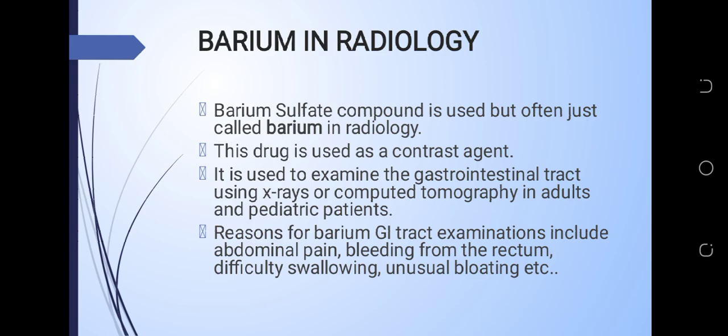Barium sulfate is used to examine the gastrointestinal tract using X-rays or computed tomography in adults and pediatric patients. Reasons why these barium GI tract examinations are done include abdominal pain, bleeding from the rectum, difficulty swallowing, unusual bloating, and many others.